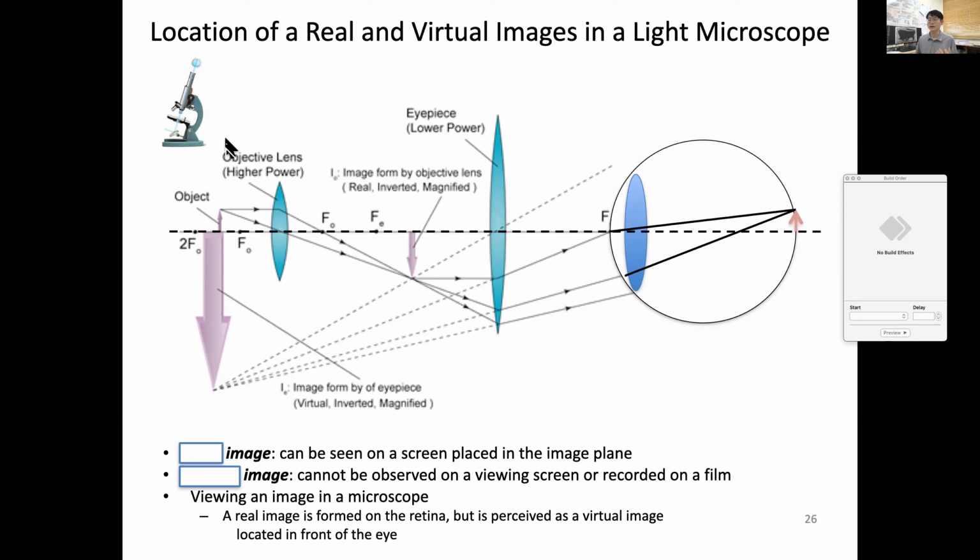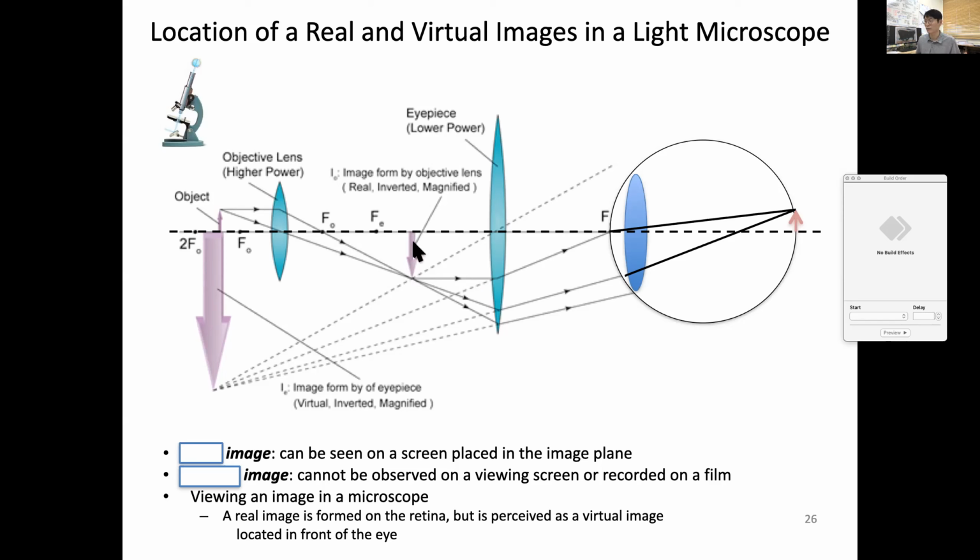And here I want to discuss something with you. Let's put a film and see if there exists an image. If we put a film over here, of course the actual light will focus down, so you will form an image from here. So that's real.